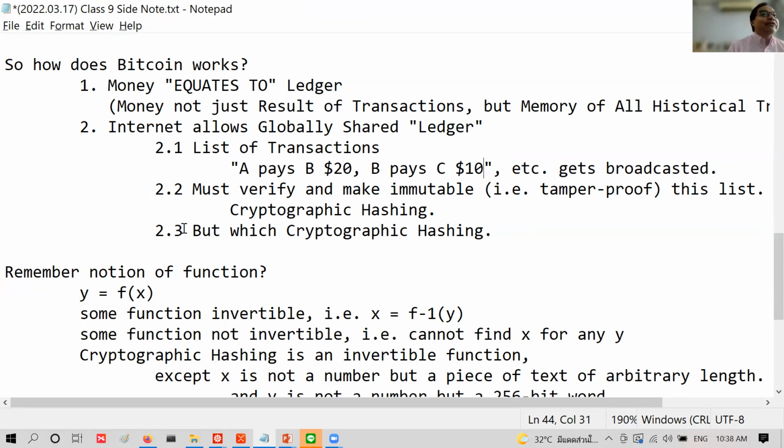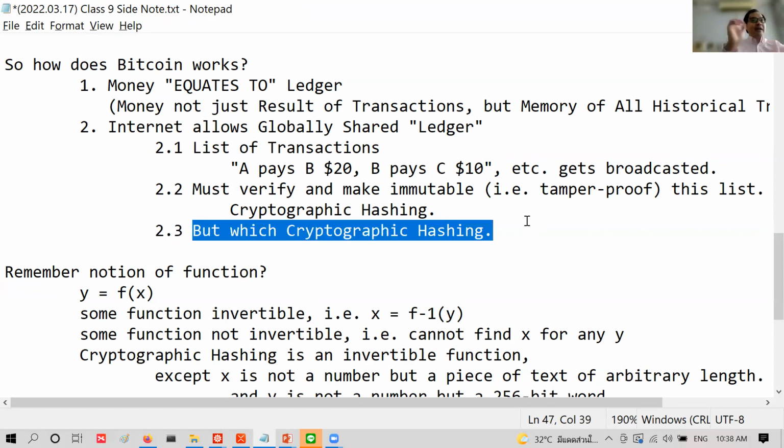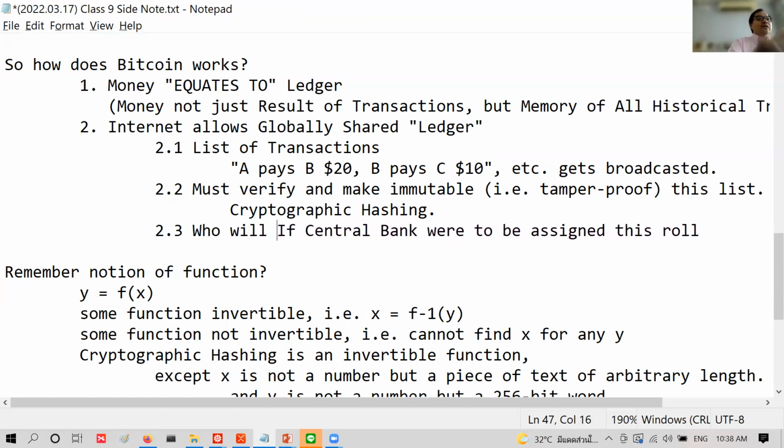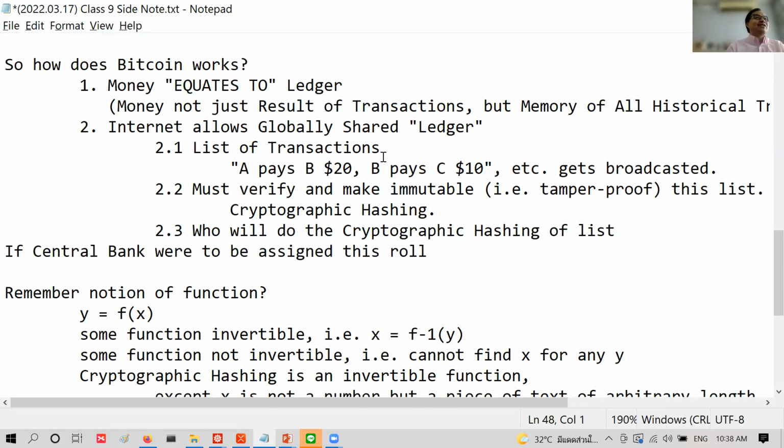Okay, same mechanism, if a central bank were to be assigned this role, who will do the cryptographic hashing of the list. Now, the list, by the way, is called a ledger, right? Who will now do this?